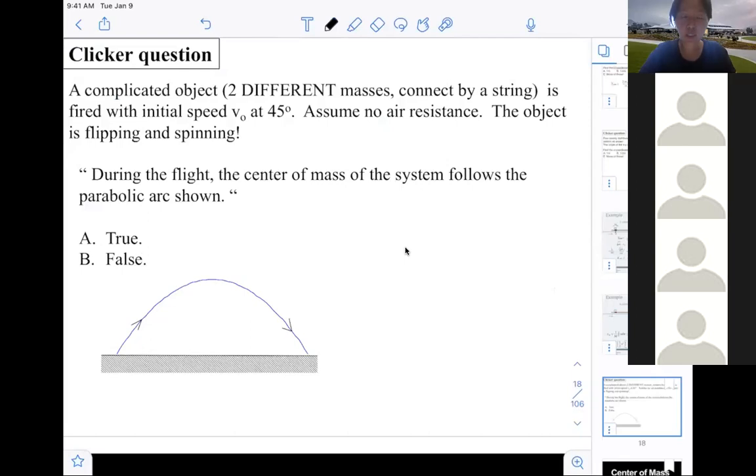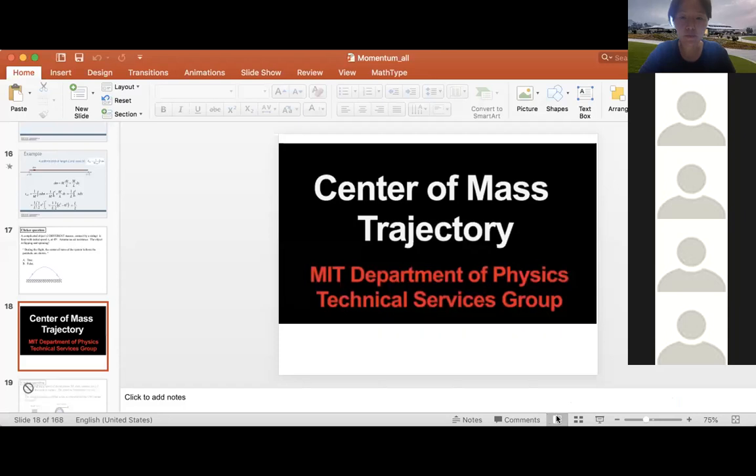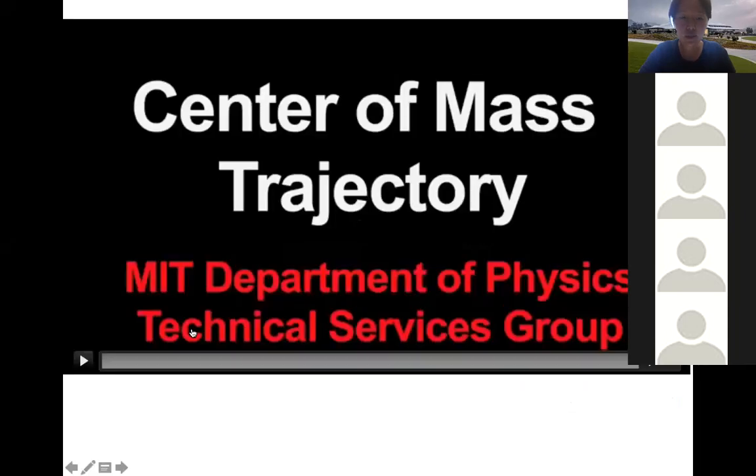All right, so the majority predicts that the center of mass still follows a parabolic arc. Okay, let's take a look. How can we observe this? Let me switch to a different screen share and look at this particular experiment.